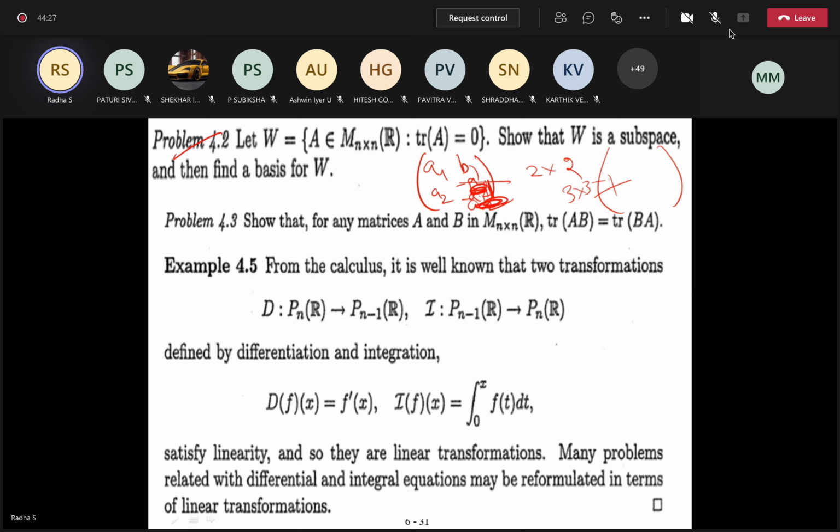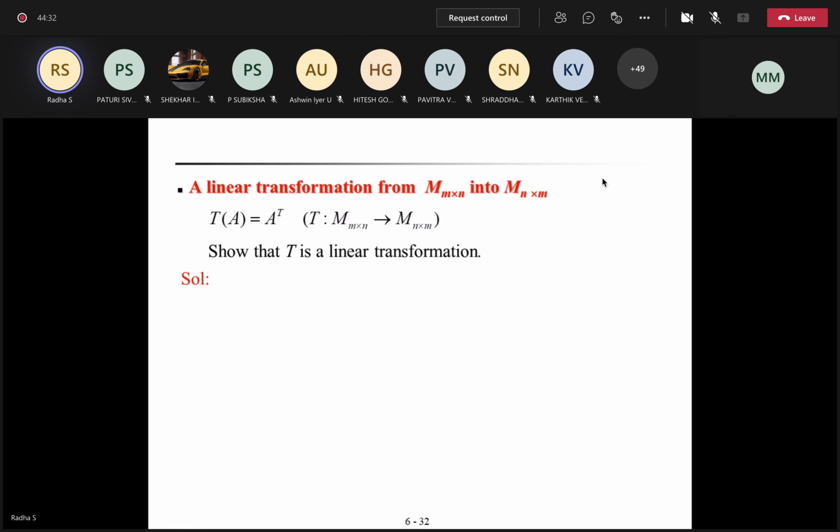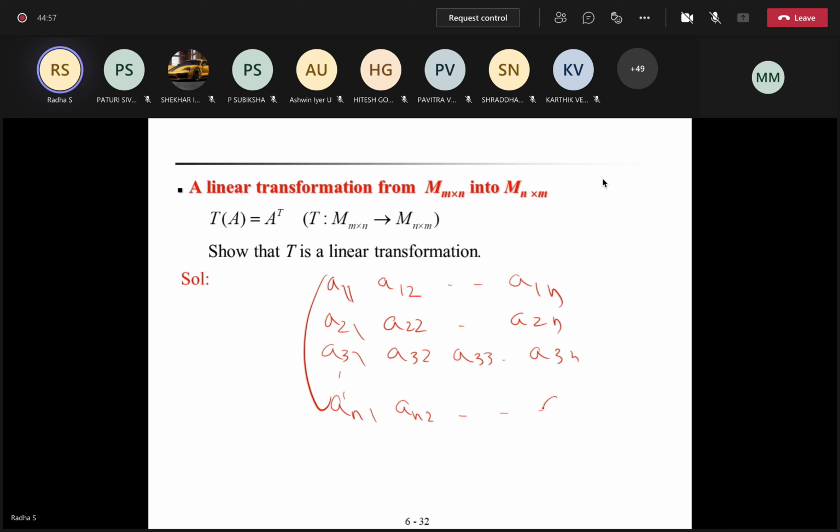Confusing? Okay, I'll write an n by n matrix and show. See, a11, a12, up to a1n; a21, a22, up to a2n; a31, a32, a33, up to a3n; similarly, an1, an2, up to ann. The sum of all the diagonal entries is 0.